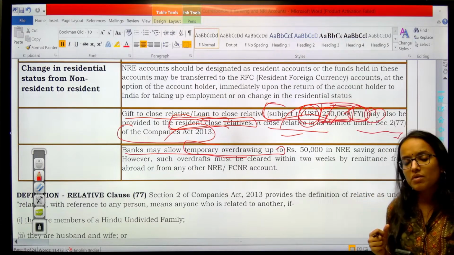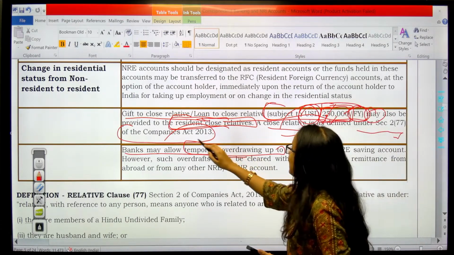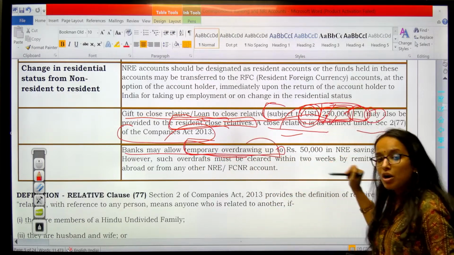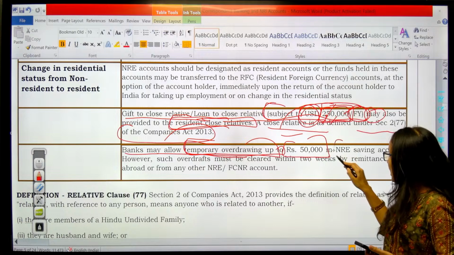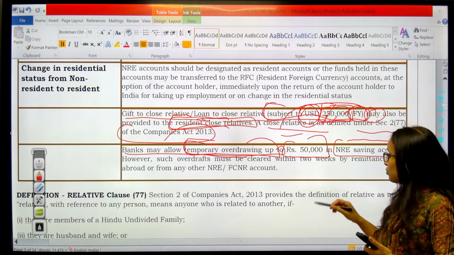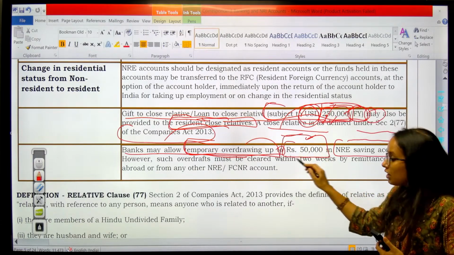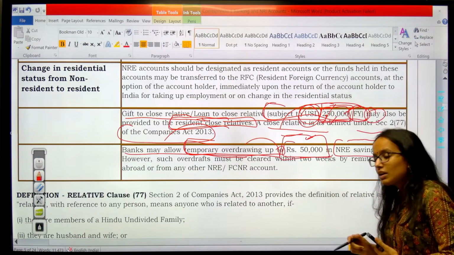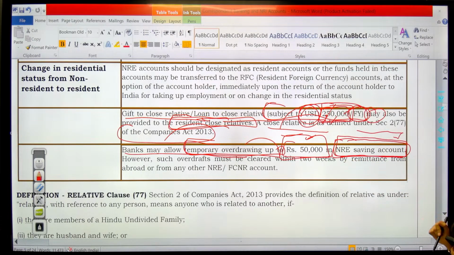Can you have an overdraft facility in your NRE account as well? Yes, the bank may allow temporary overdrawing up to how much? You should remember, up to rupees 50,000 in an NRE savings account. In which type of NRE account? NRE savings account.